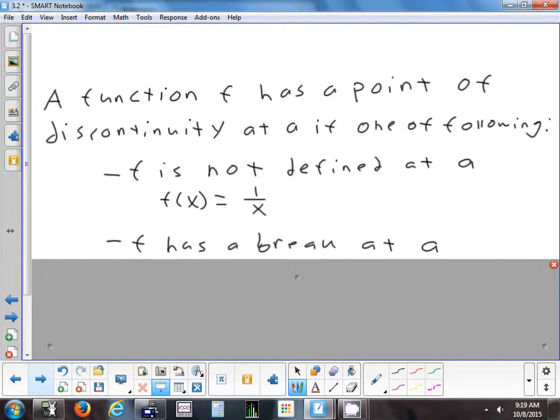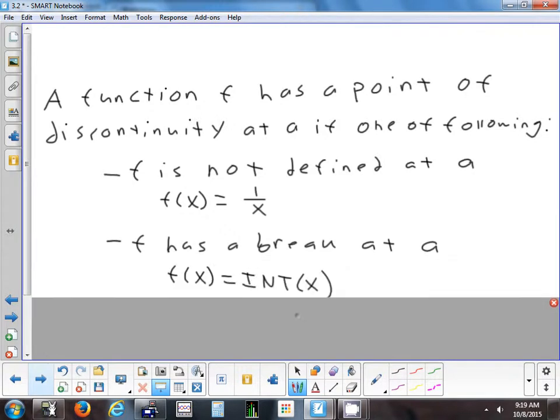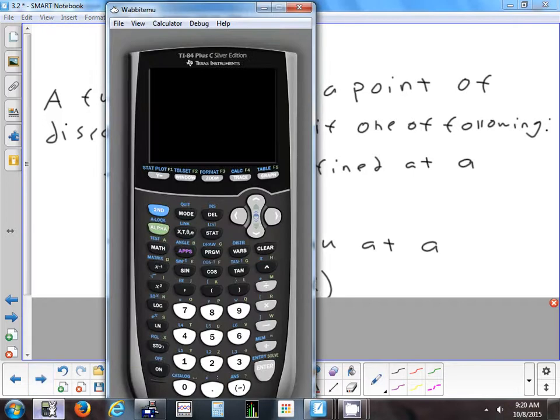Another one is not because of a discontinuity, but because of a break in the graph, like the integer function. Basically what the integer function does, kind of simply, is it rounds your number off. So that's why you get these steps. And with the integer function, you can plug any number you want into it.